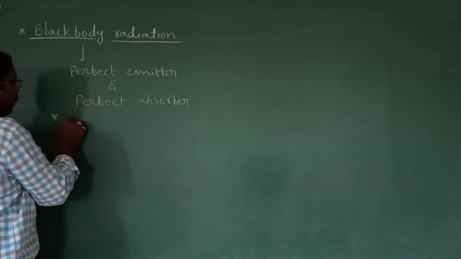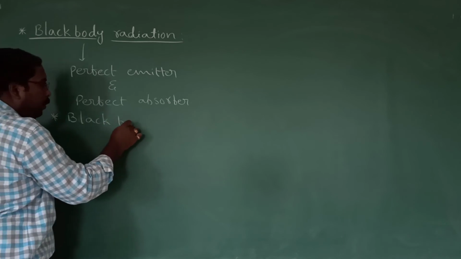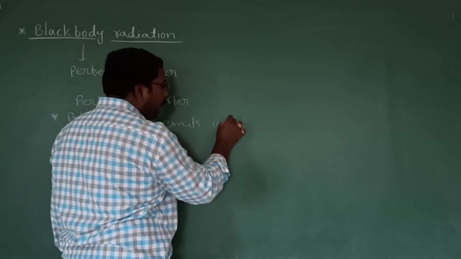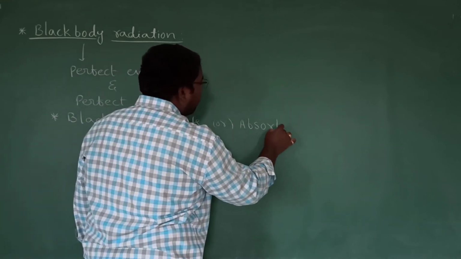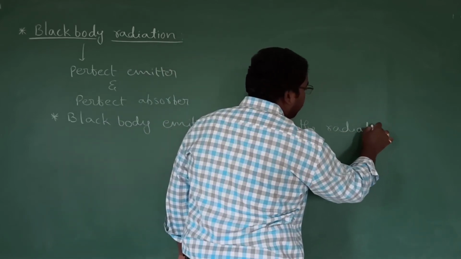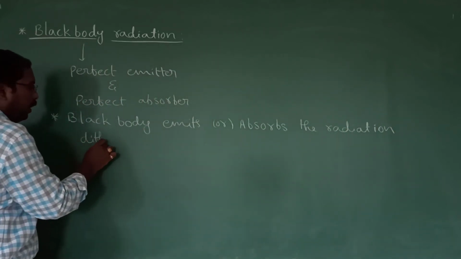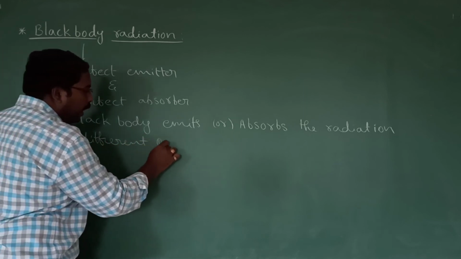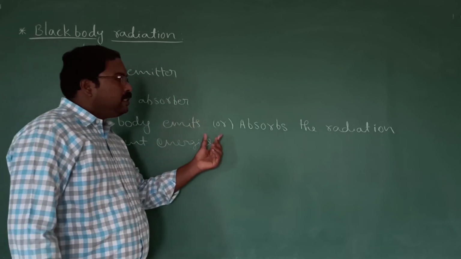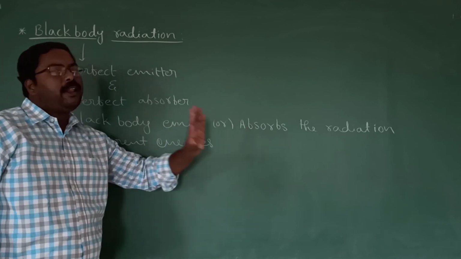A black body emits or absorbs the radiation of different energies. A black body can emit or absorb the radiation of different energies or different frequency or wavelength.